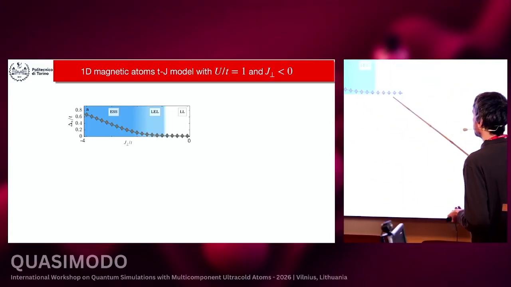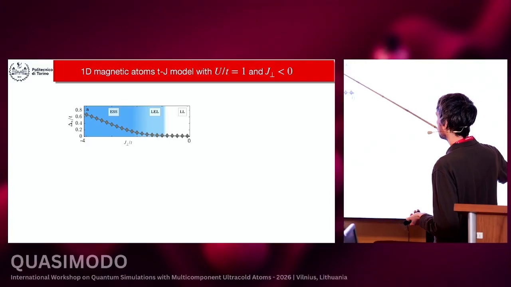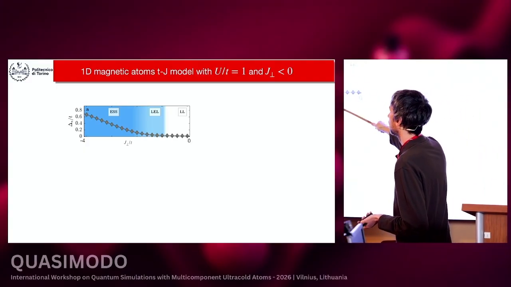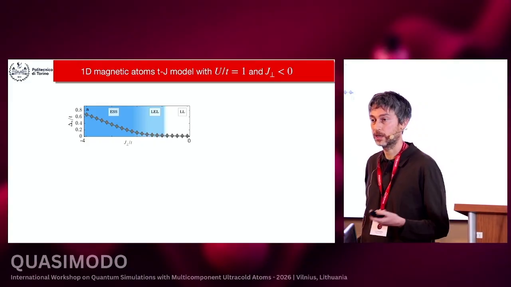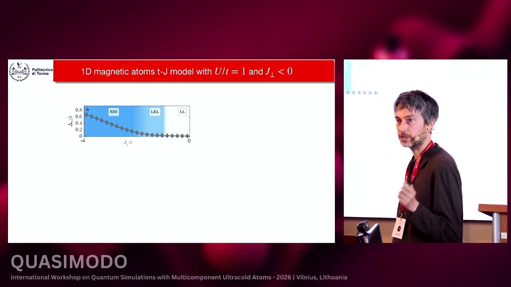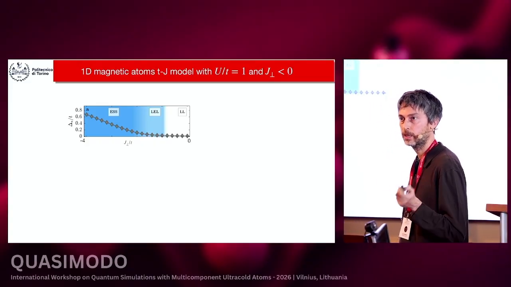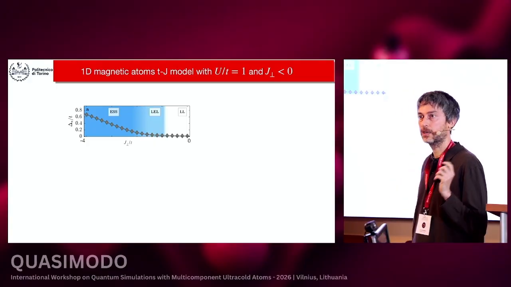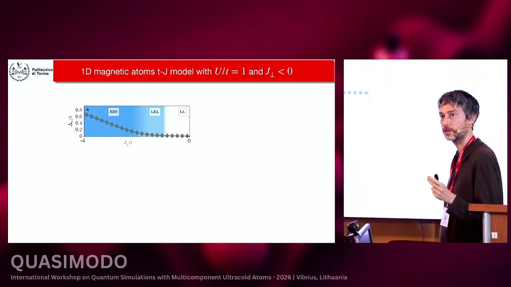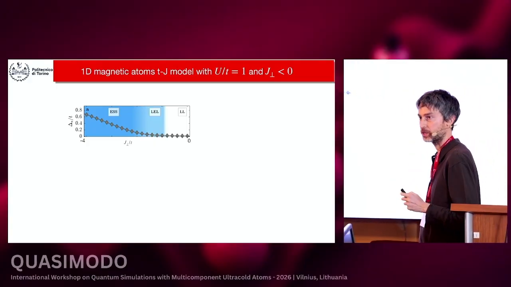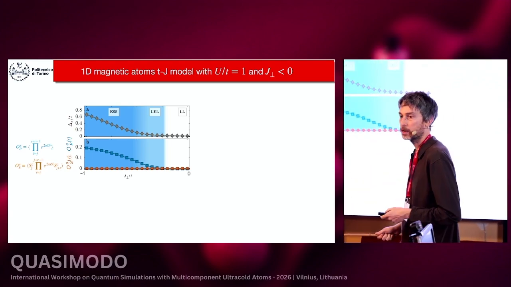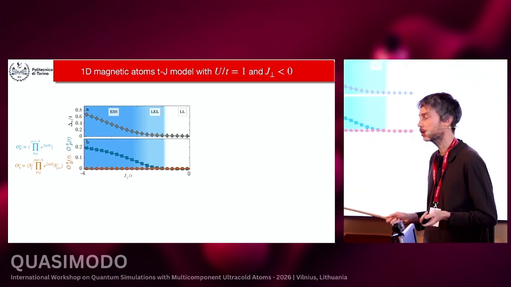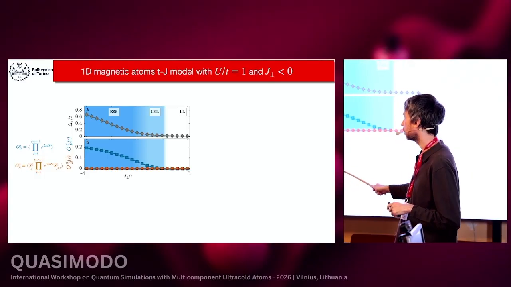As a function of J-perp, we see that here the spin gap is 0, but here we have a finite spin gap. And the theory of 1D fermions tells us that if we have a regime with a finite spin gap, this regime can be classified uniquely by looking at two different order parameters. The first one is the parity operator, which basically captures the fact that you can have fermionic pairing, or, importantly, a string order parameter.